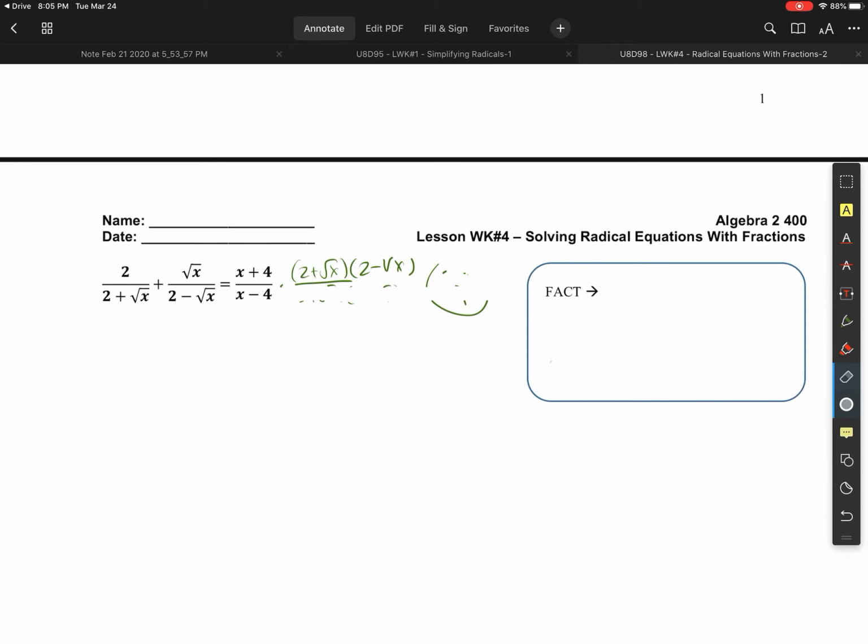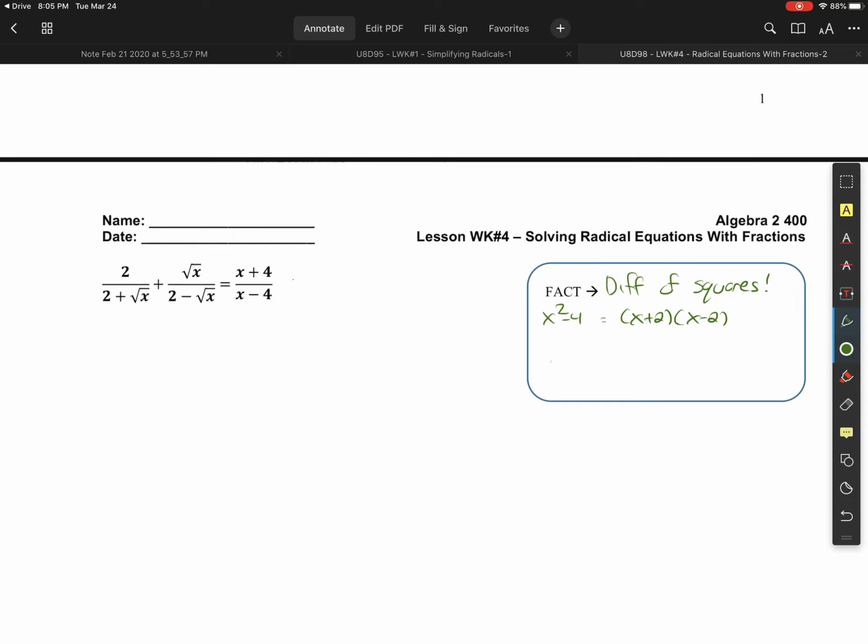So what I want you to understand is that you can actually do difference of squares for everything. So we're very used to x squared minus 4, which becomes x plus 2, x minus 2.